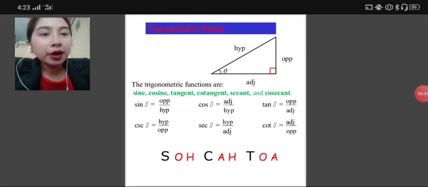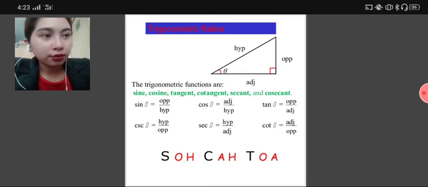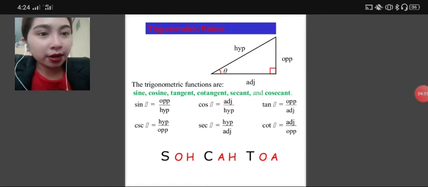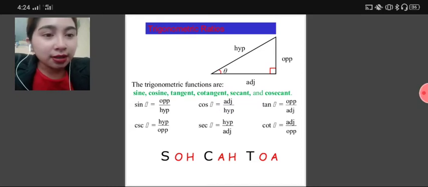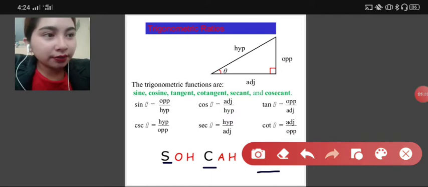Are you familiar with the term SOHCAHTOA? SOHCAHTOA means sine, cosine, and tangent.